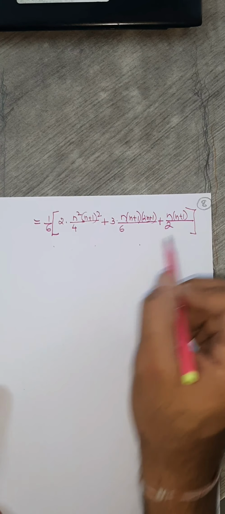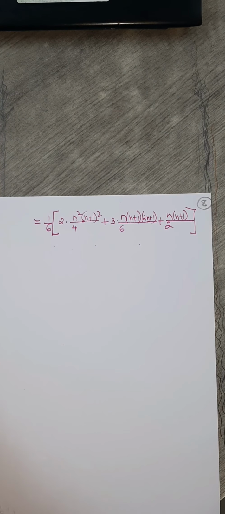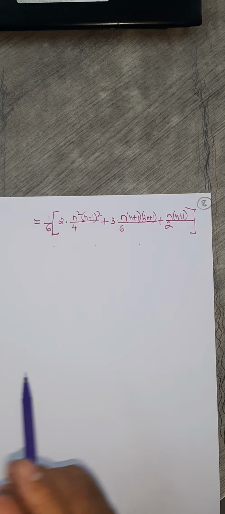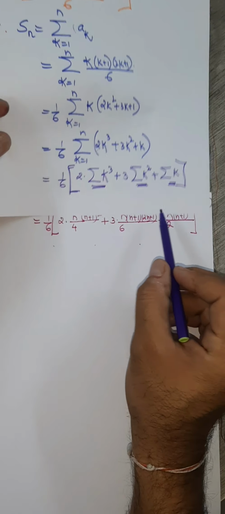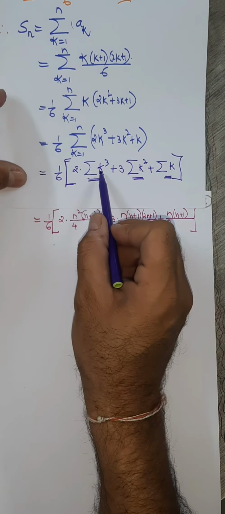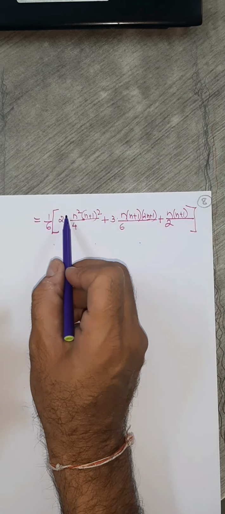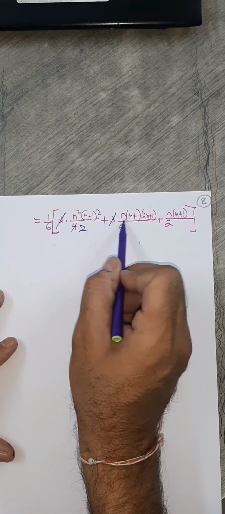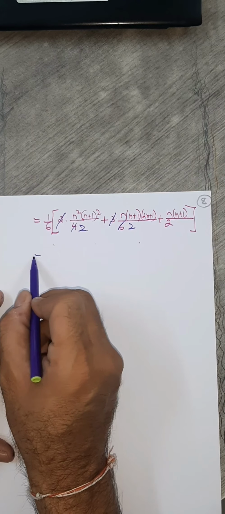I have just written all three formulas to remind you: first formula, n by 2 into n plus 1; second formula, k square; and third formula, cube. So we have just 2. This is also 2. You will find 2 outside.